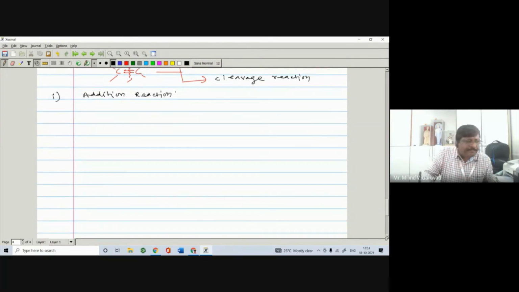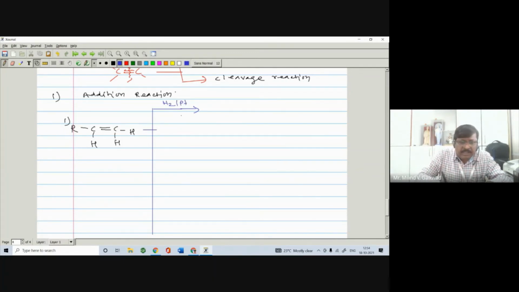In an addition reaction, suppose you are having an alkene with a carbon-carbon double bond, in general H, H and H, an unsymmetrical alkene, when it is treated with, for example, hydrogen in the presence of a catalyst.